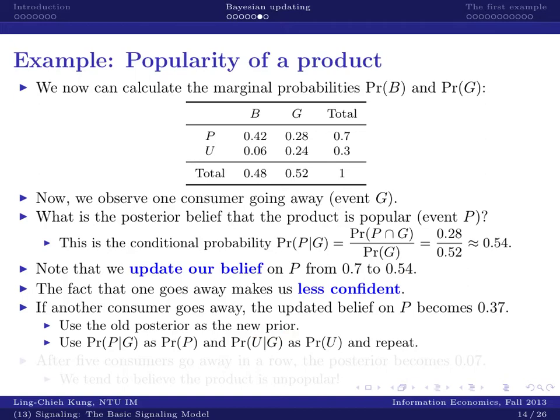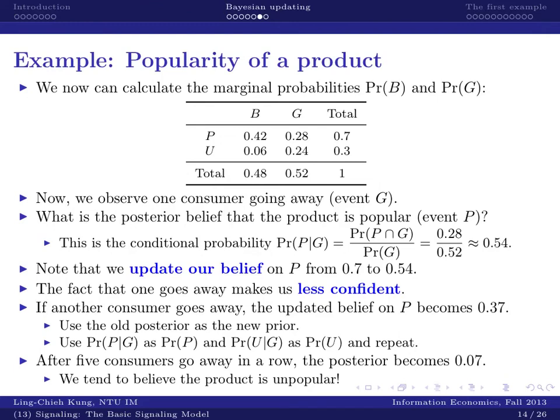So 70, 54, 37, I keep updating my beliefs downwards. If 5 consumers come and then go away continuously in a row, then my posterior belief would become just 7%. And that's very strong evidence showing that the product is unpopular.